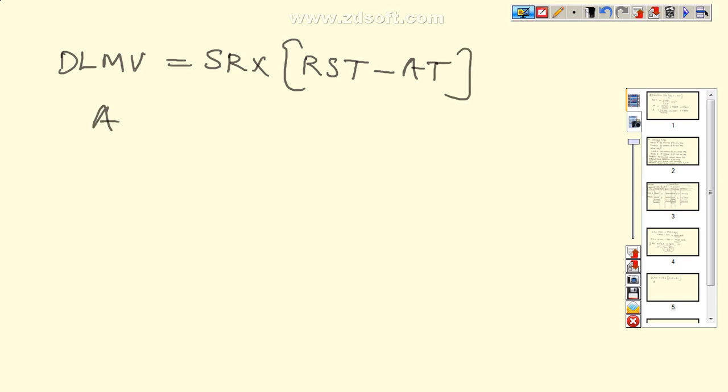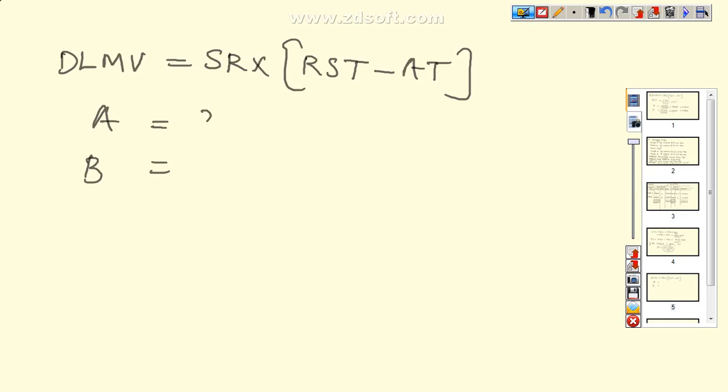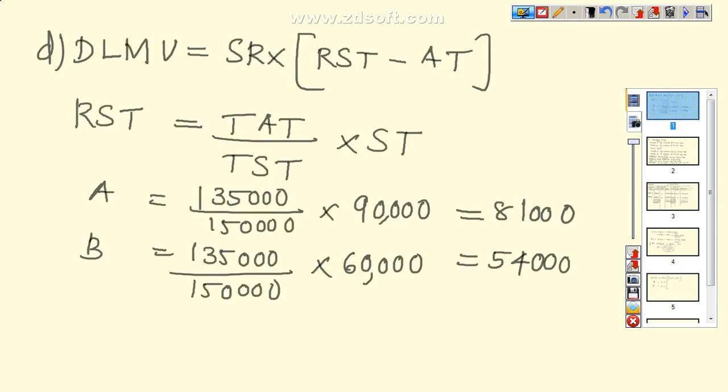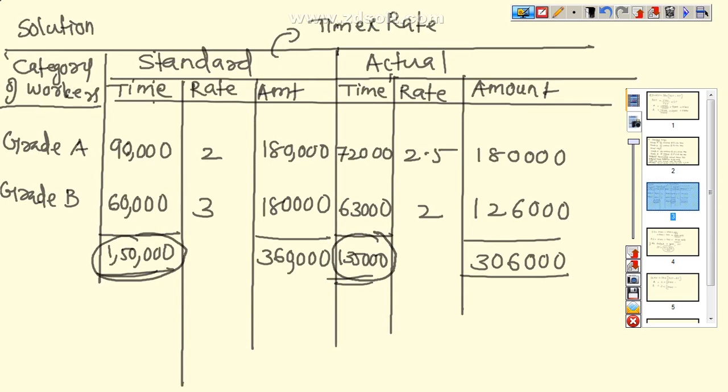There are two grade workers, A and B. We know the standard rate, that is 2 and 3 according to the question, so here we write 2 and here 3, multiplied by RST. Already we have calculated RST as 81,000 and 54,000. So we write it here, 81,000, 54,000, minus actual time. We already have calculated actual time, 72 and 63.